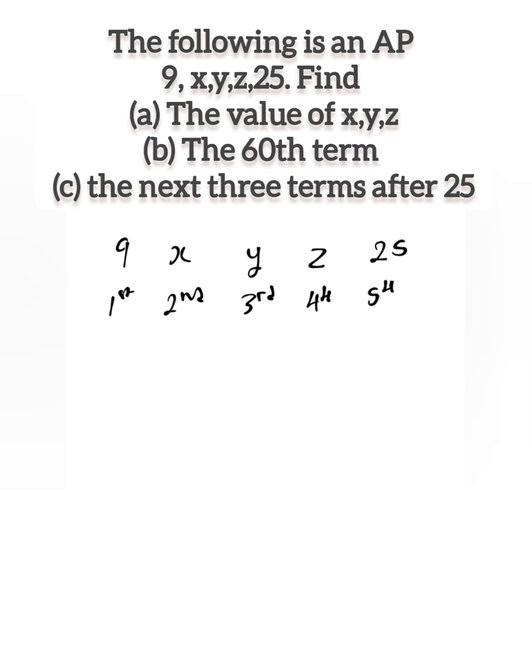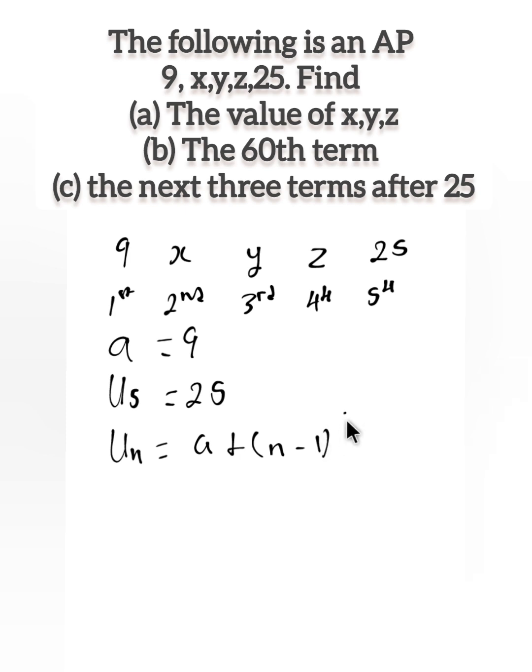From this information, we can find d, the common difference. Of course, we cannot subtract any of these two because x, y, z is unknown. But we already know the value of a is 9, being the first term. Now can we find d? The fifth term, U5, is equal to 25. Now recall that Un is equal to a plus bracket n minus 1 d.